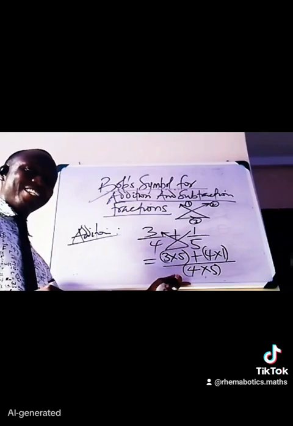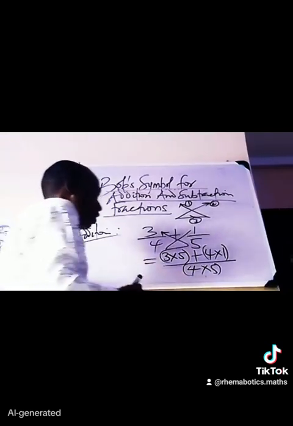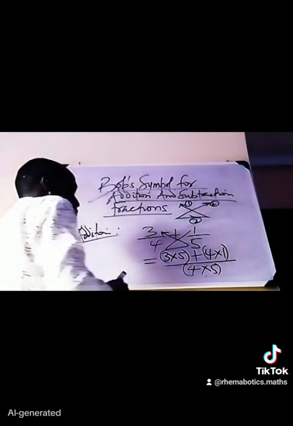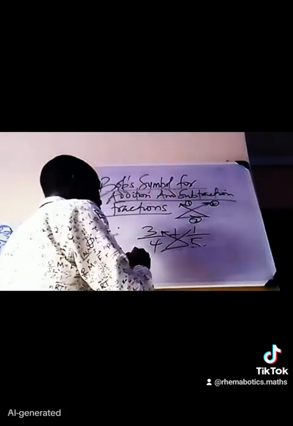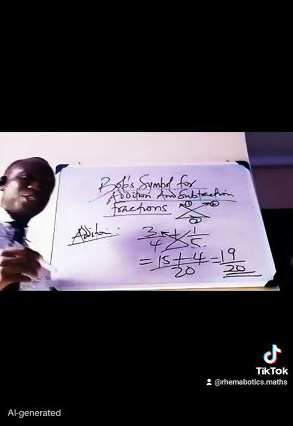I believe you're understanding right now, right? Let's go. 3 times 5 is 15. Then we have 4 times 1, which is 4. Then 4 times 5, which is 20. So we have 15 plus 4 over 20. So we have 19 over 20. So that's for addition.